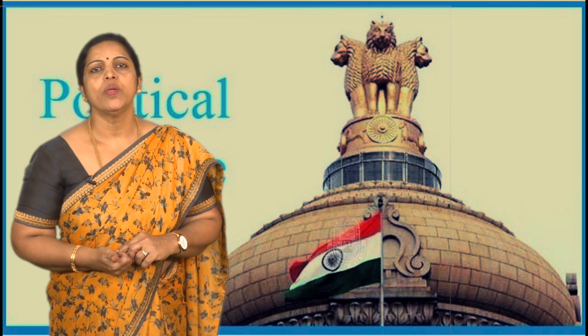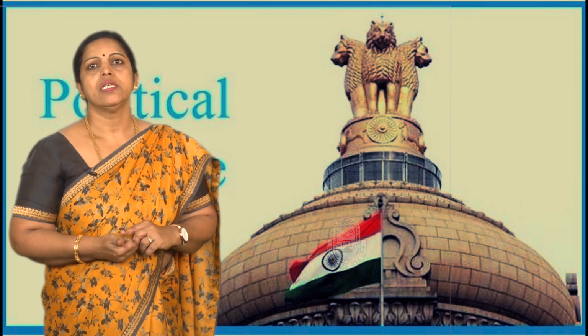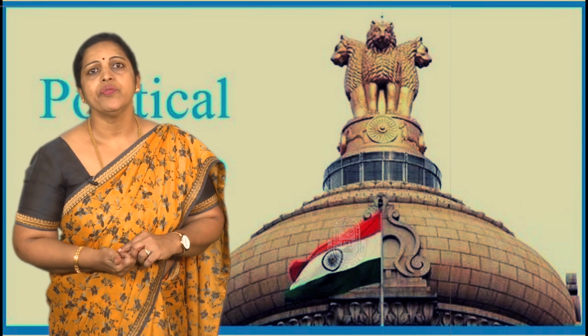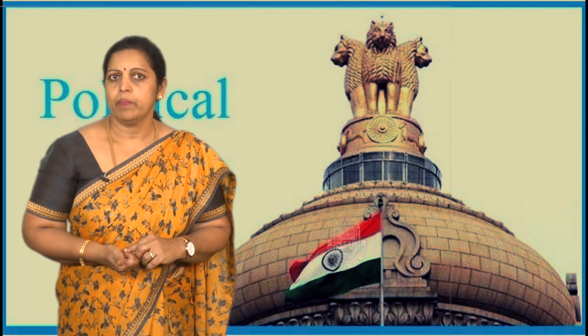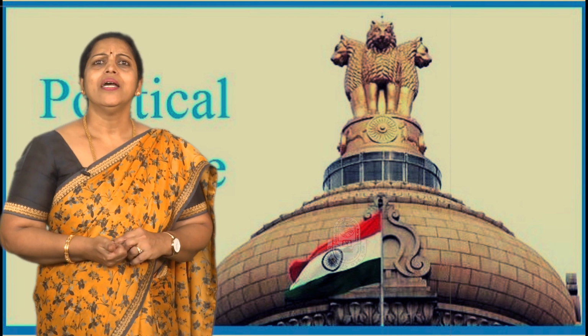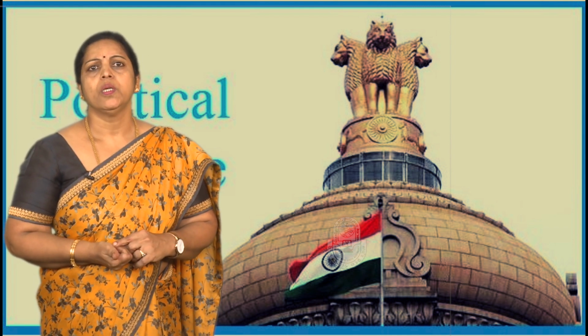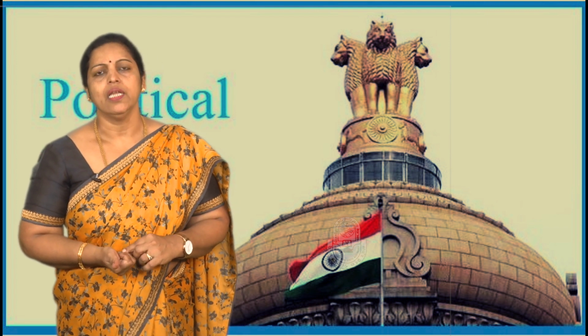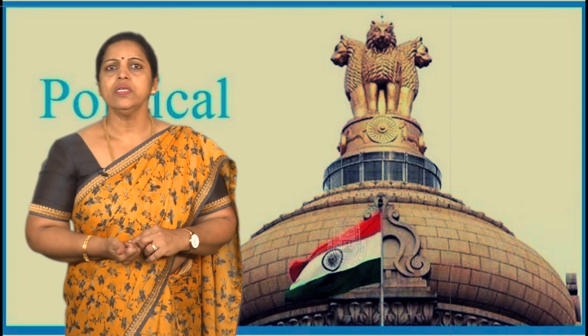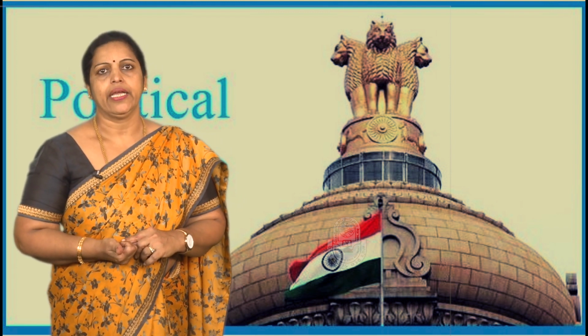The authority of the British Crown over the princely states ceased and they were free to join either India or Pakistan or remain independent. Both the dominions of India and Pakistan were to have a Governor General appointed by the British King.